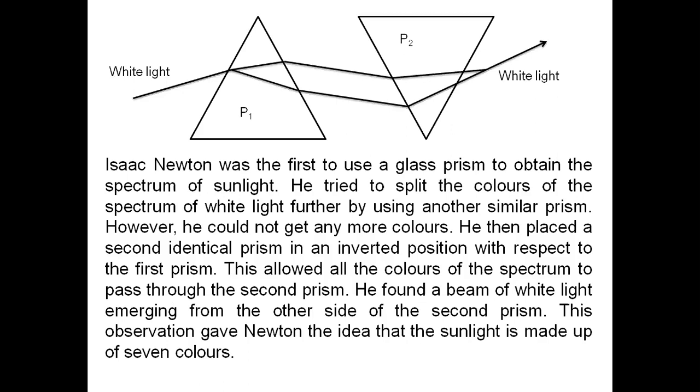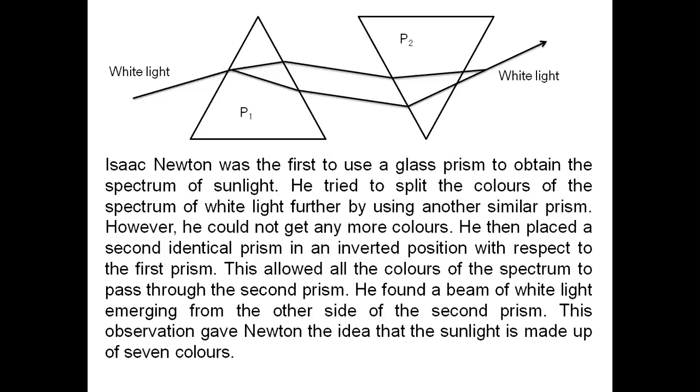Isaac Newton was the first to use a glass prism to obtain the spectrum of sunlight. He tried to split the colors of the spectrum of white light further by using another similar prism, but he could not get any more colors. He then placed a second identical prism in an inverted position with respect to the first prism.